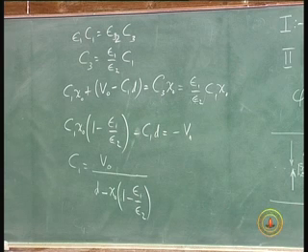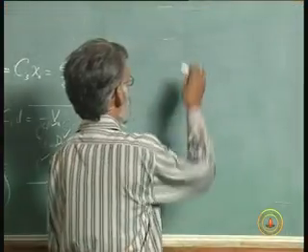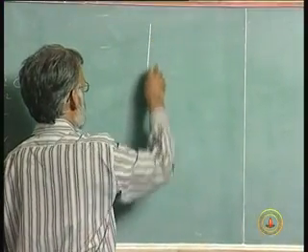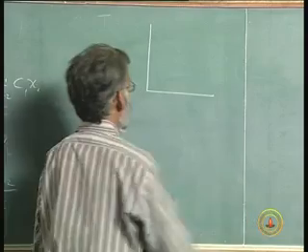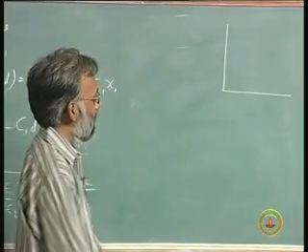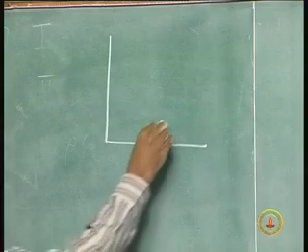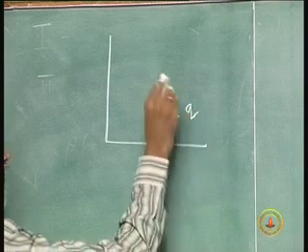Now, the method of images can be used in somewhat more complex situations. Supposing I have two ground planes which are at 90 degrees and I have a charge q.